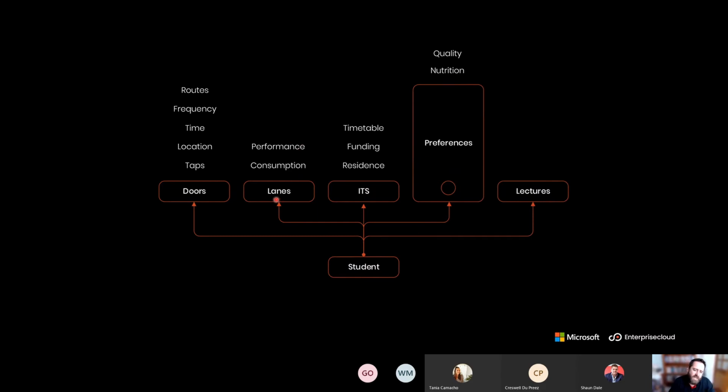If I knew then which lanes they'd tapped on and which preferences they had, I could get a reasonably strong estimate of what kind of nutrition was going on there. And there is some fun stuff that we're talking about in the space where we potentially can link nutrition to academic performance, and also link lack of nutrition to interventions that essentially become assistive to the students. And so there's some cool stuff that we can do there.